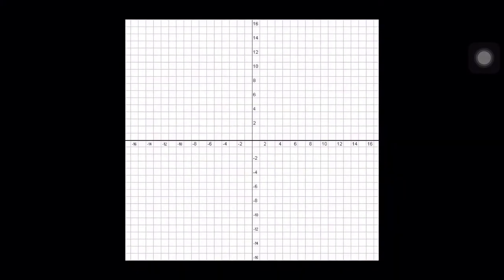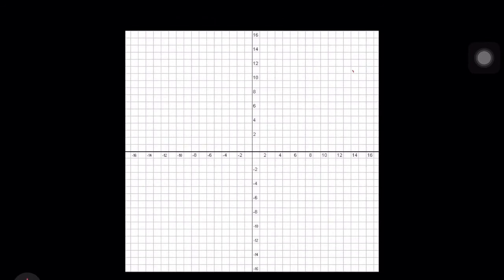The first point: x is equal to 0 and y is equal to 3. So this point is (0, 3). The next, x is equal to 1 and y is equal to 8.